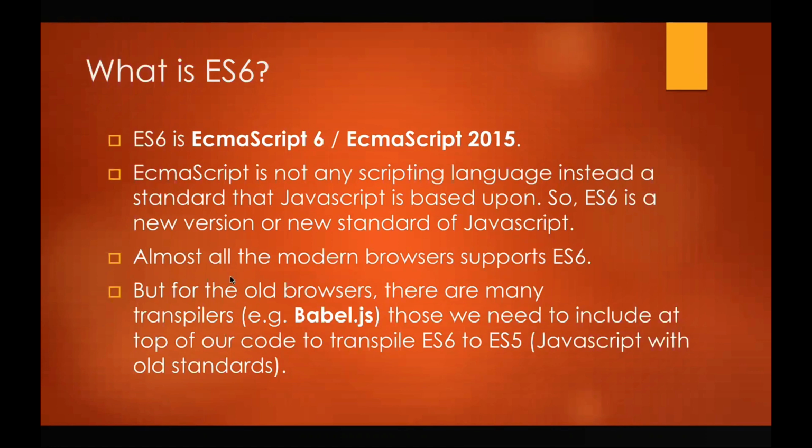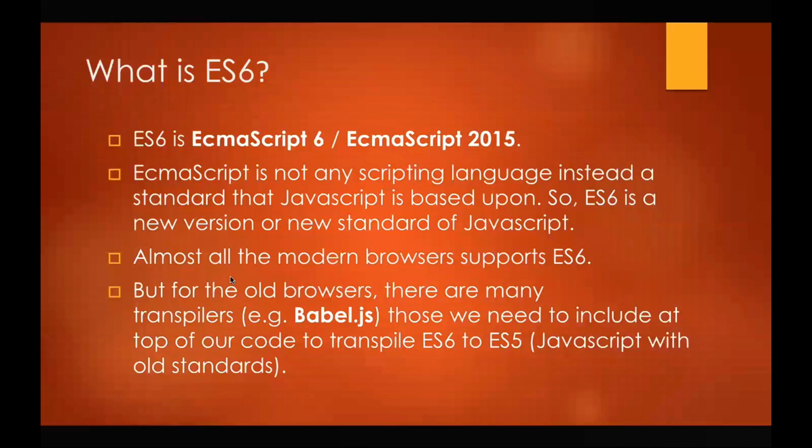Almost all modern browsers support ES6, but for the old browsers there are many transpilers like Babel, which we can include at the top of our code to transpile ES6 to ES5 JavaScript, with the old standard.